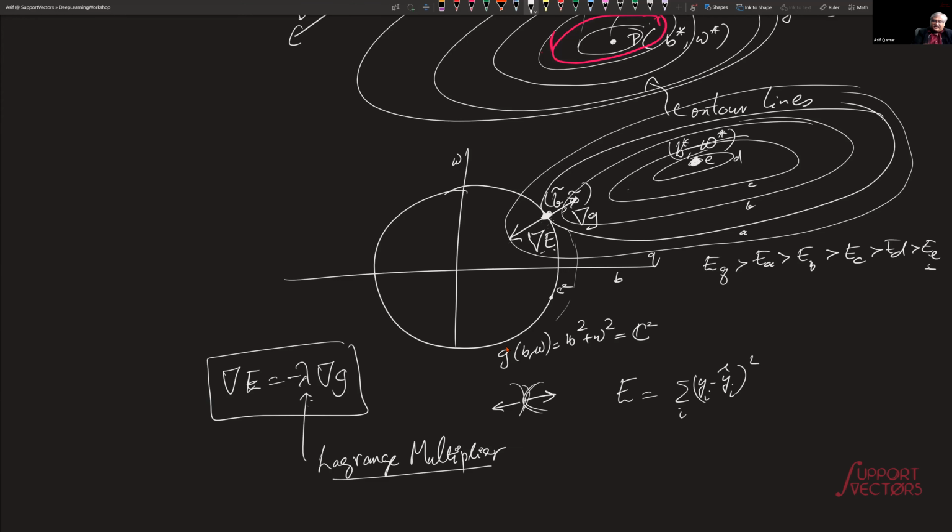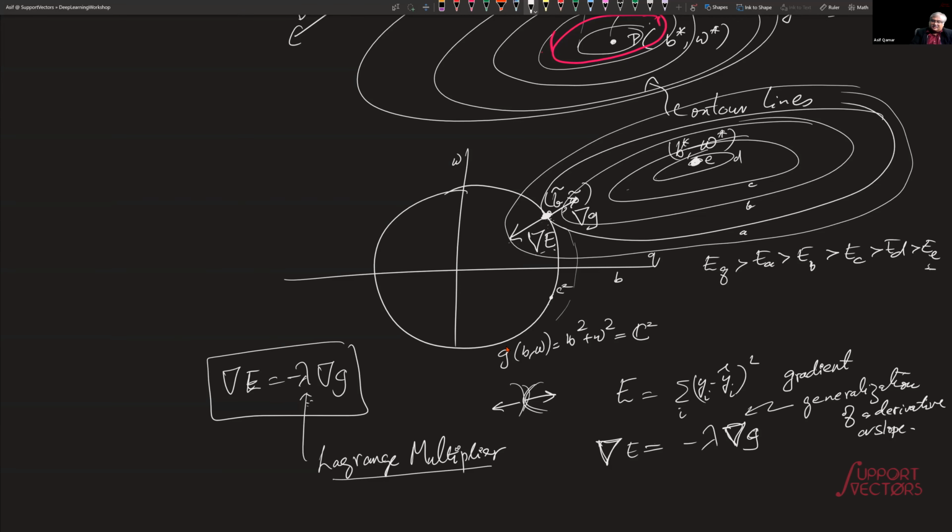Now, if you look at this equation, it says grad of E is equal to minus lambda grad of G. By the way, this grad is generalization of a derivative. Derivative or slope, gradient, right? And the reason we call it gradient descent is actually because of this inverted triangle symbol, which is the gradient symbol, grad symbol, right?